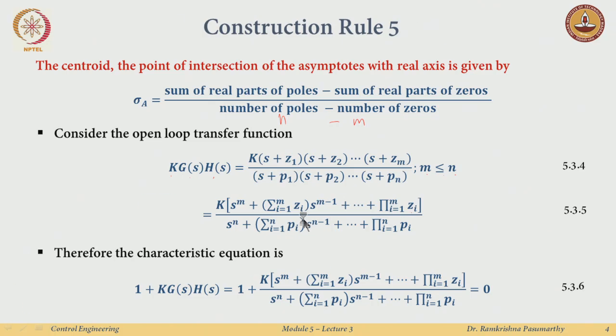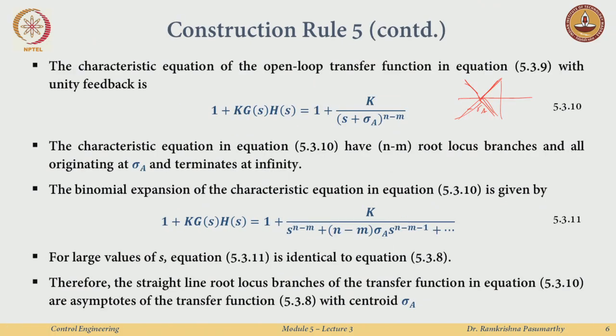Where are the poles? At sigma a. So, therefore, the second term would simply be sigma a times n minus m, which is the summation of all the values of all the poles, n minus 1 and so on. Again, for large values of s, I just stop here and say, well, this is a good approximation at large values.